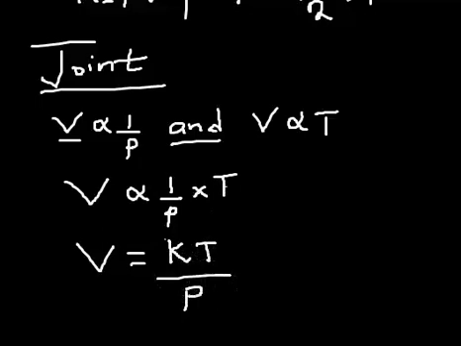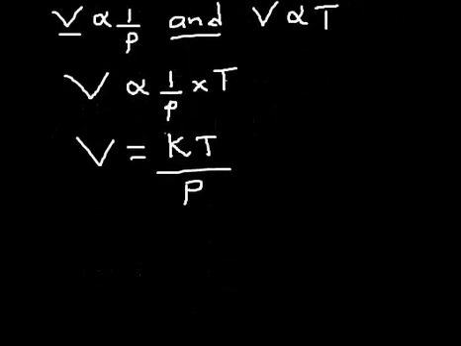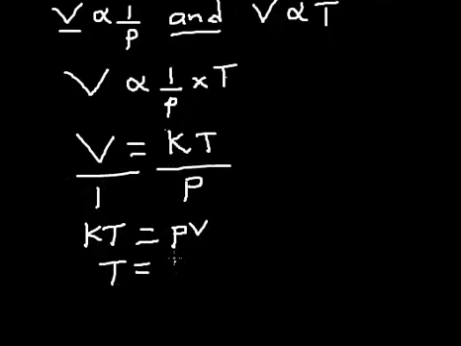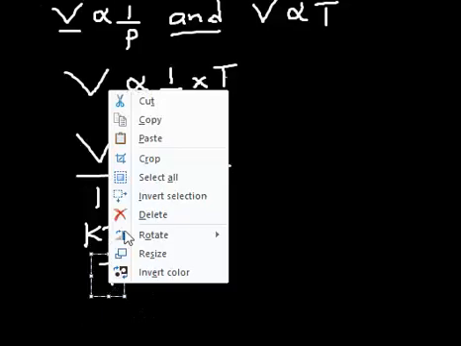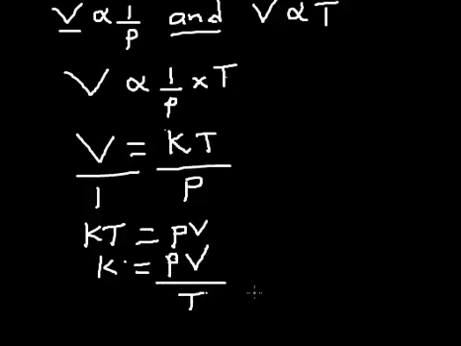So you know what happens in this case. I need to get the value of k by cross multiplying. kt multiplied by 1 is kt, p multiplied by v is pv. So the value of my constant k is going to be equal to pv divided by t.